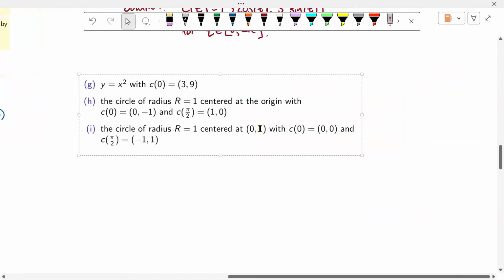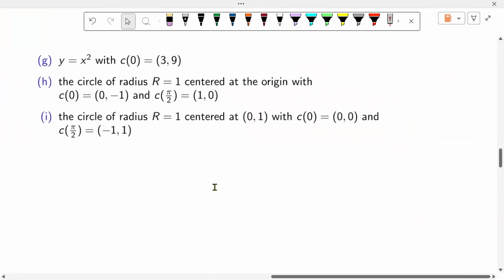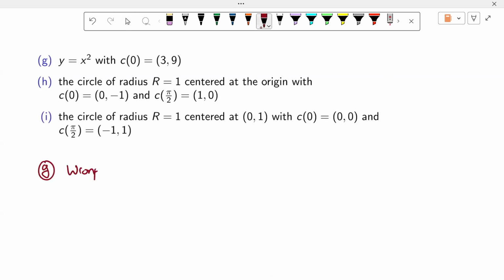All right, so for part G, we have a problem. The problem is we want to parameterize this parabola. Now, I can find a kind of dumb way of doing it. That's not that sophisticated. Do you want to see my dumb solution? It's also wrong.